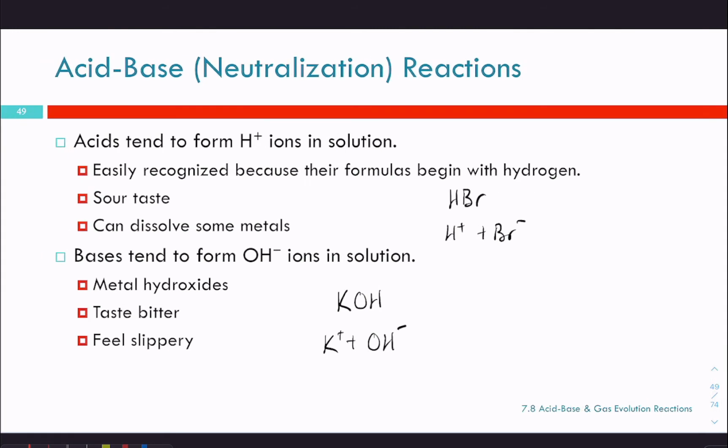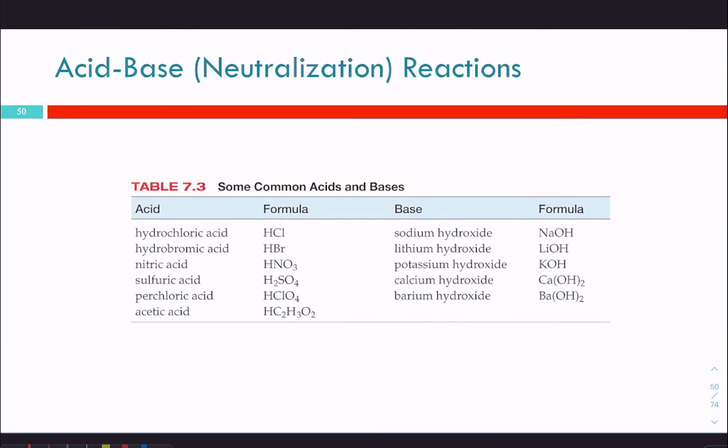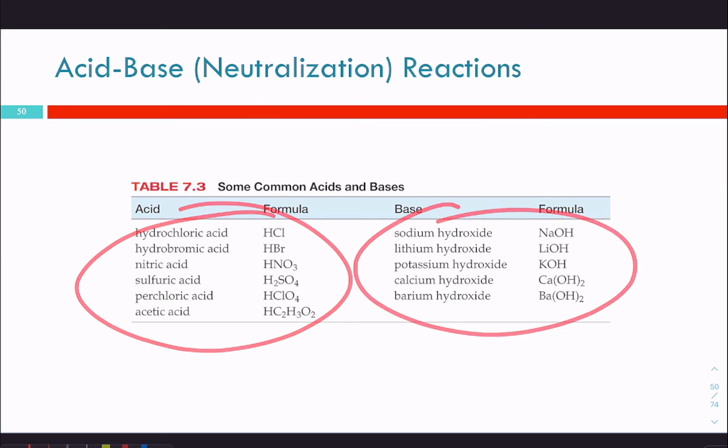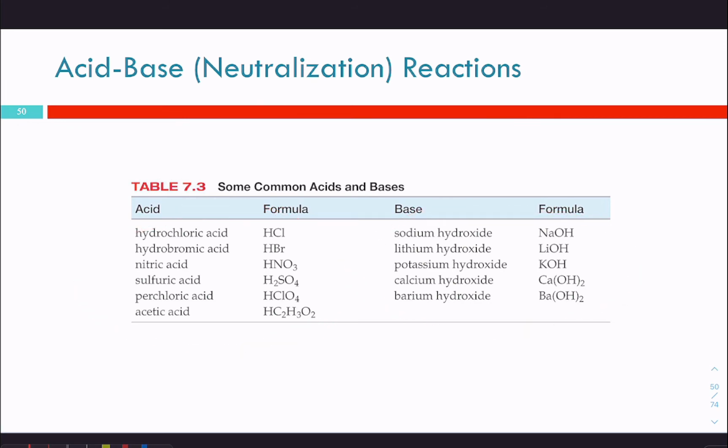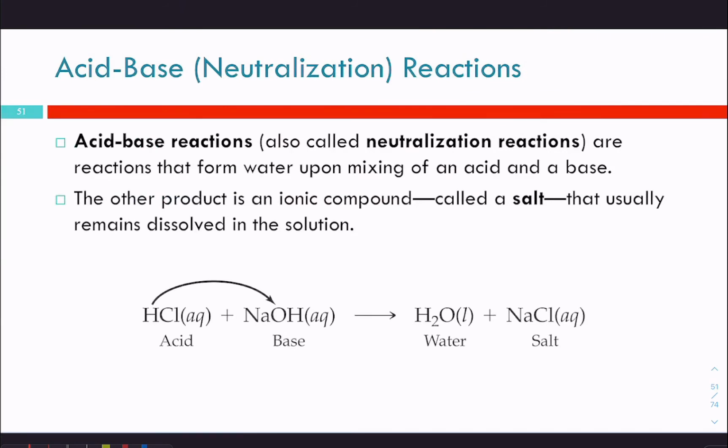So we can react these acids and bases together in acid-base neutralization reactions. This is just a table of some more acids, some more bases, common ones. They can also be called neutralization reactions. They form water upon mixing because that H plus reacts with the OH minus and forms H2O.